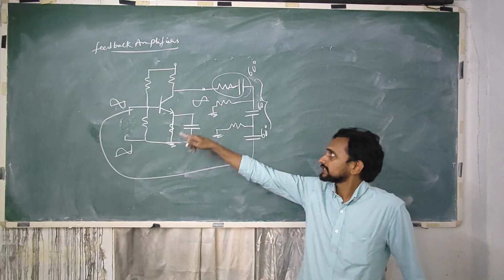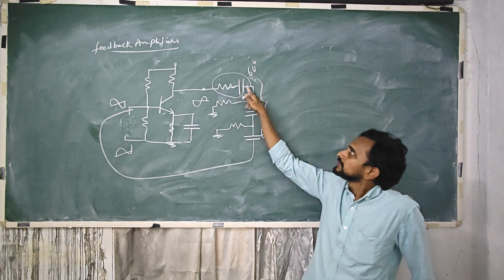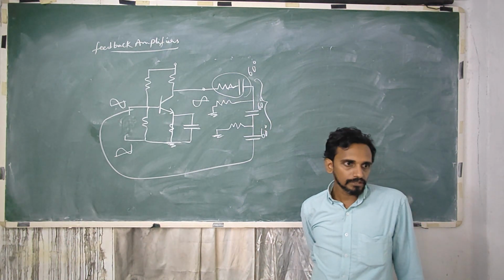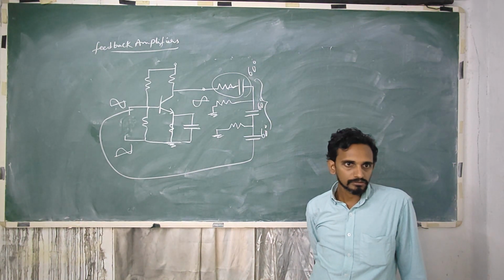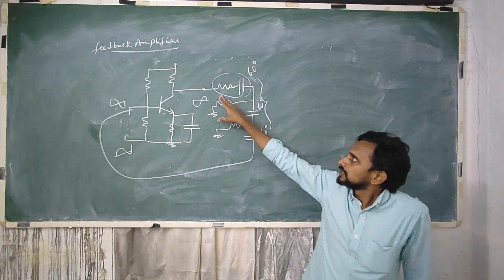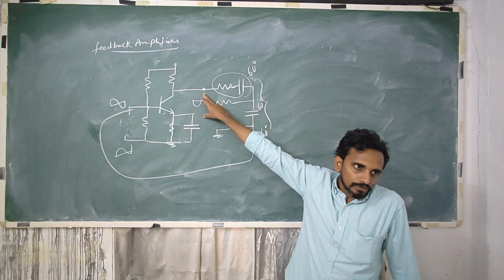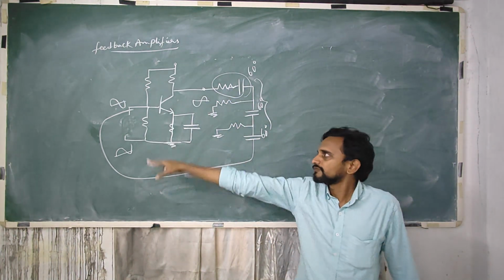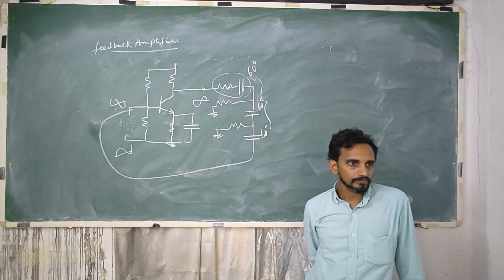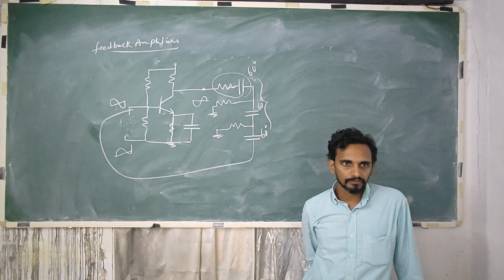So I can remove my input signal and give 3 RC phase shifting components in series to the output, so that a fraction of output will be feedback to input in a positive manner. So this is called RC phase shift oscillator.